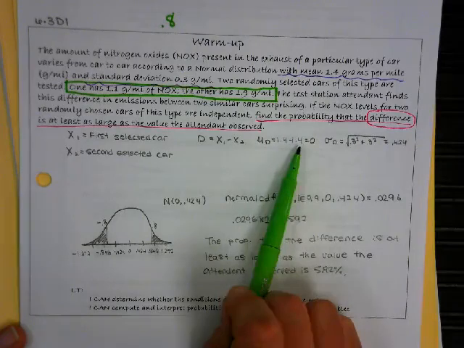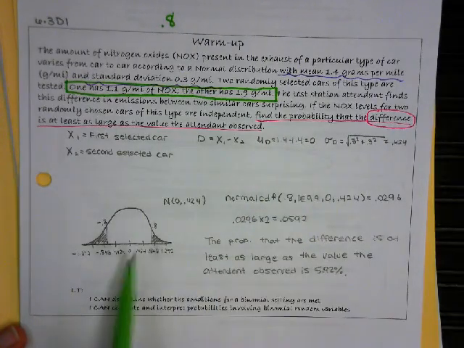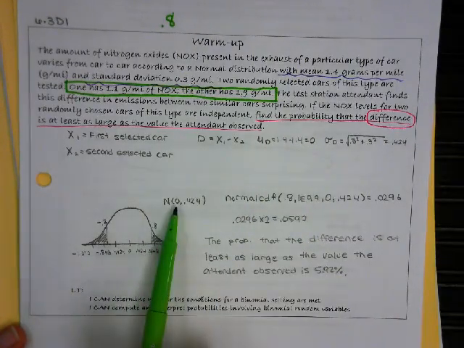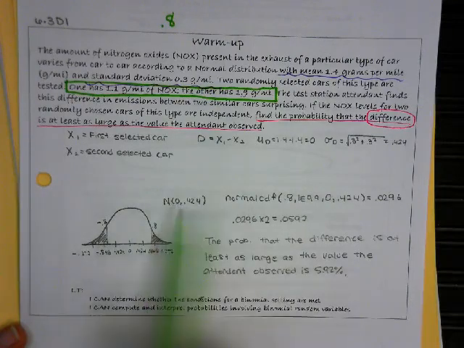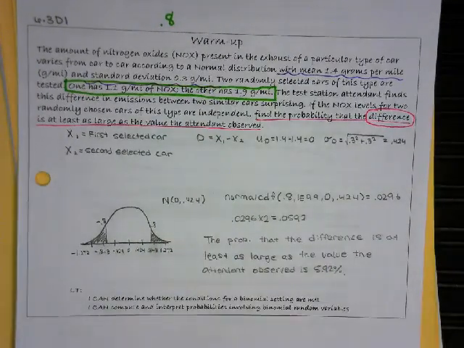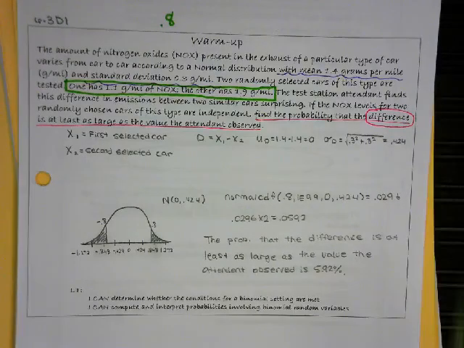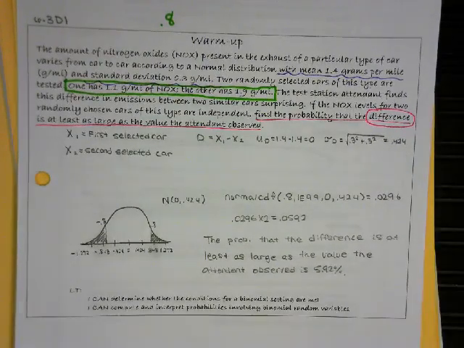So when we subtract, we're looking at 0 for the mean of our normal curve. We can't subtract standard deviations. We add the variances and then square root. So you get 0.424. And she labeled all her little standard deviations on the graph.